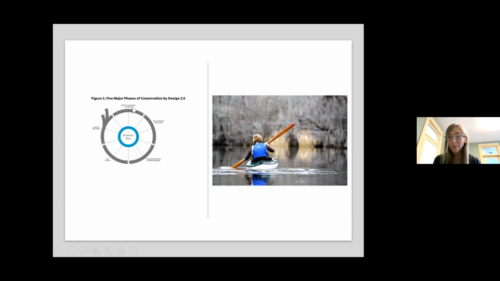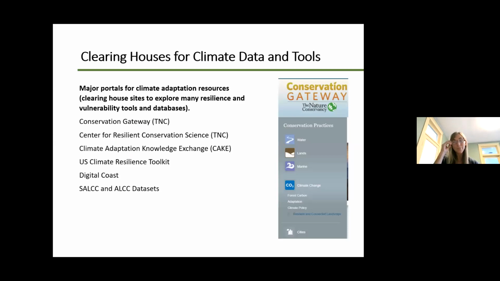But first, assembling the data, understanding where we are in the context of that place, setting the priorities, analyzing, and then always completing that adaptive cycle of revisiting information as we do our conservation planning work.